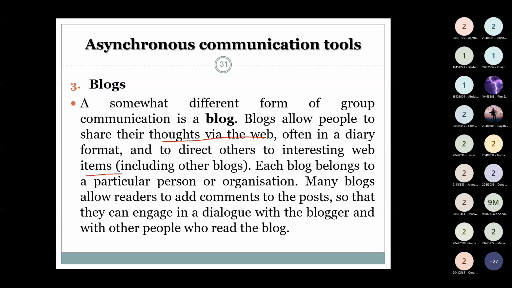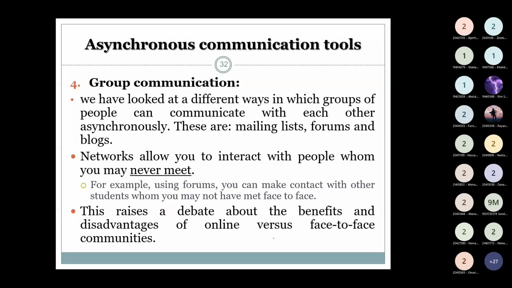Now, group communication. We have looked at the different ways in which groups of people can communicate with each other asynchronously, like the mailing list, the forums, the blogs. Networks allow you to interact with people who you may never meet.